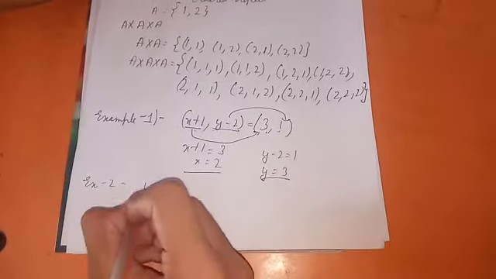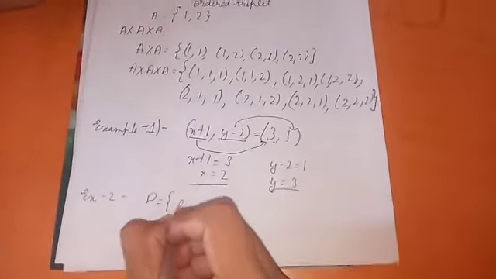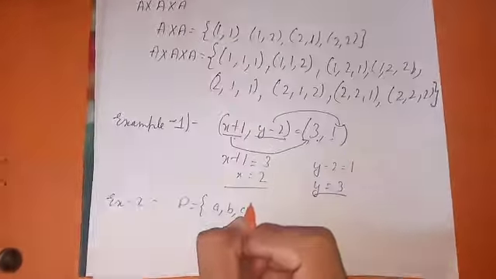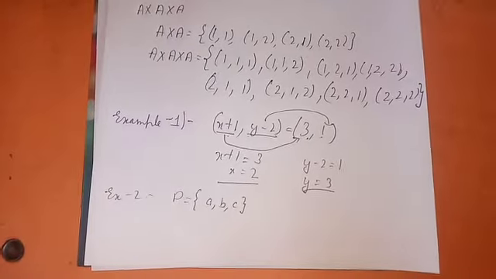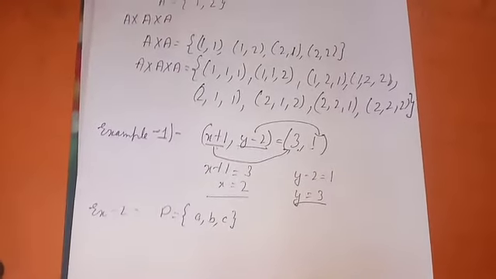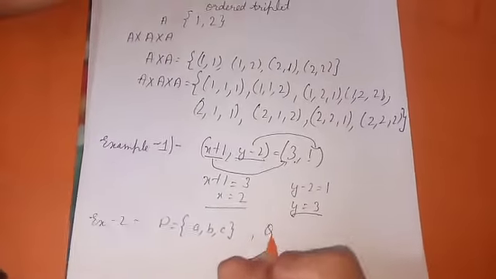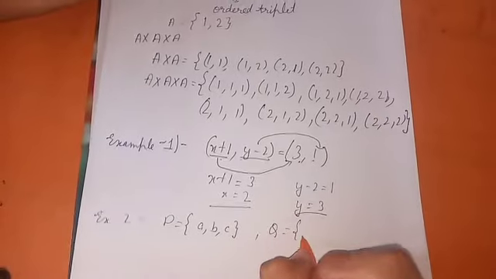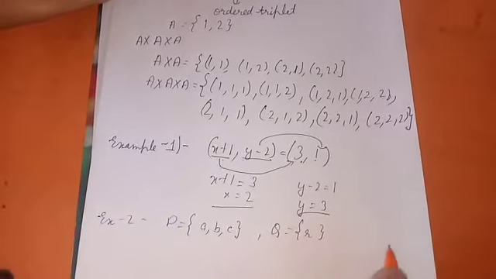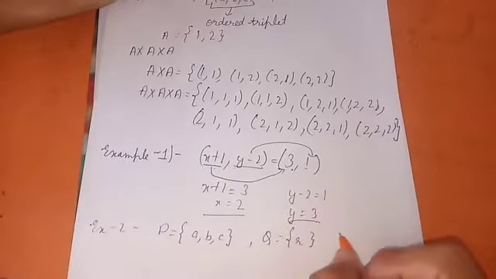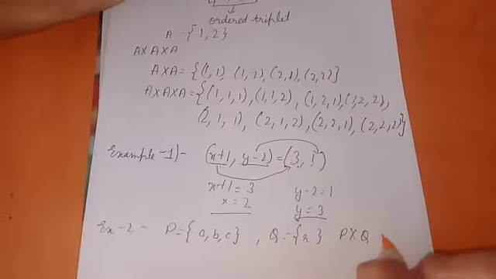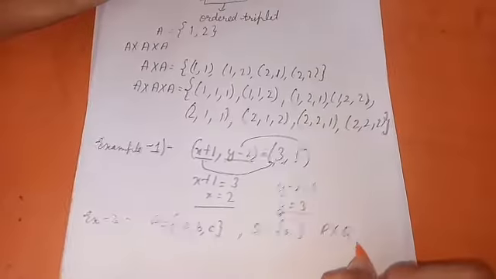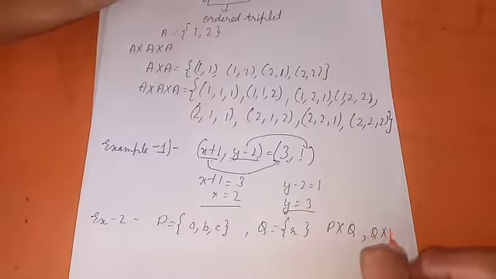P is given with elements a, b and c, and Q consists of only one element, that is r. Then we have to form P cross Q and Q cross P.